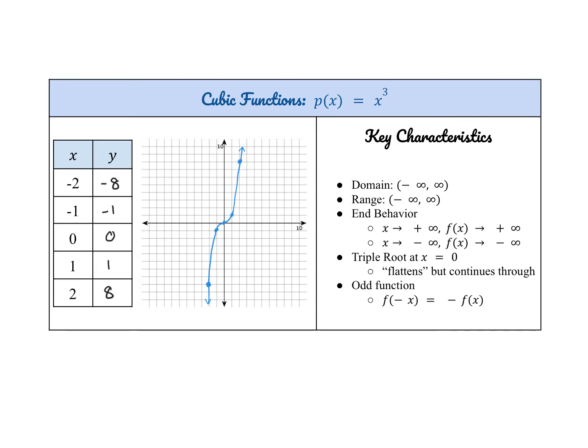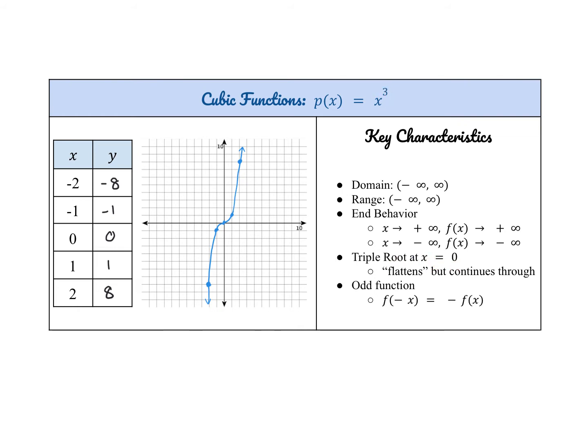So some key characteristics: our domain and range are both all real numbers. Our end behavior for the parent function: as x approaches positive infinity, f of x approaches positive infinity, and as x approaches negative infinity, f of x approaches negative infinity. We have what's called a triple root at x equals 0.